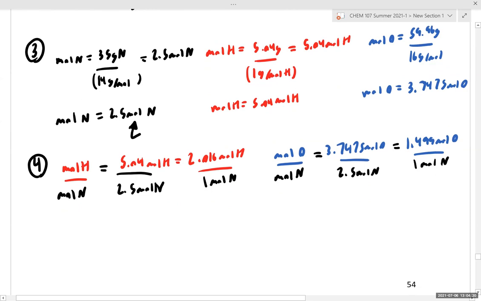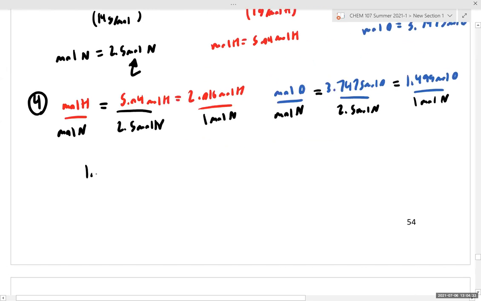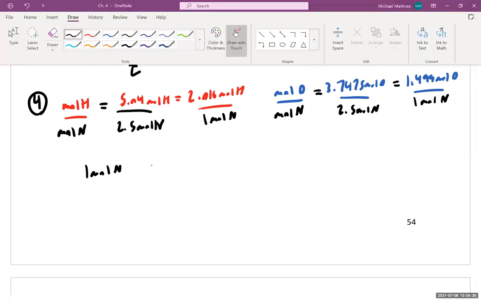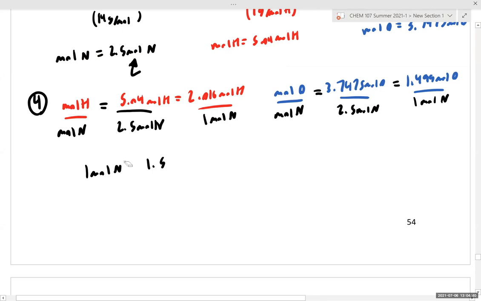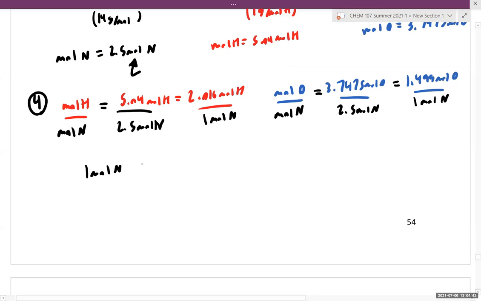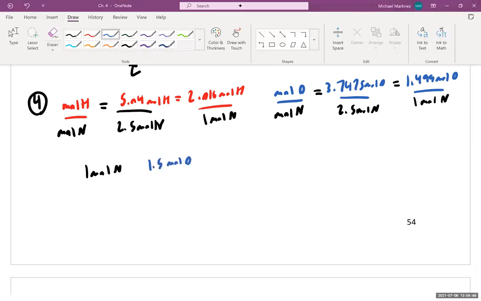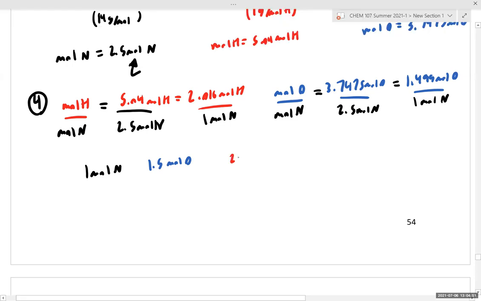Okay, so now that we have each of our mole values, we have 1 mole of nitrogen, 1.5 moles of oxygen, and 2 moles of hydrogen.